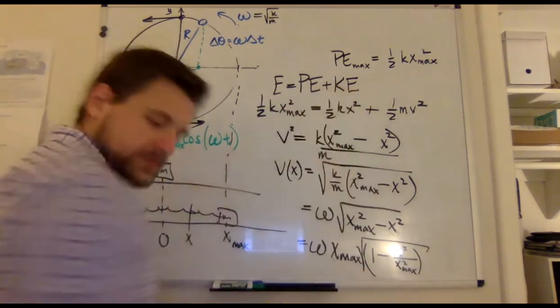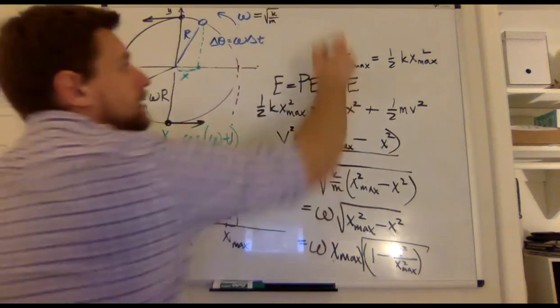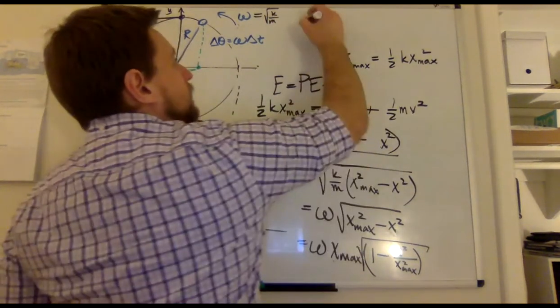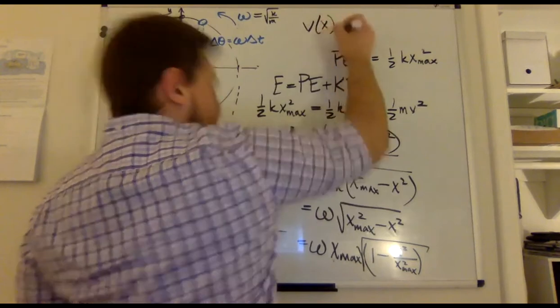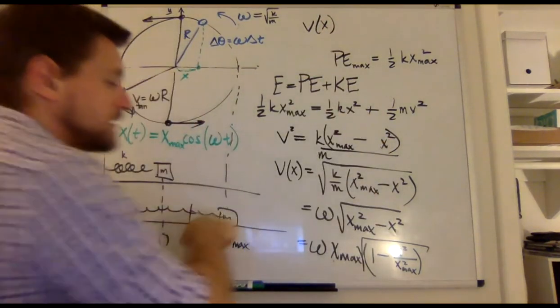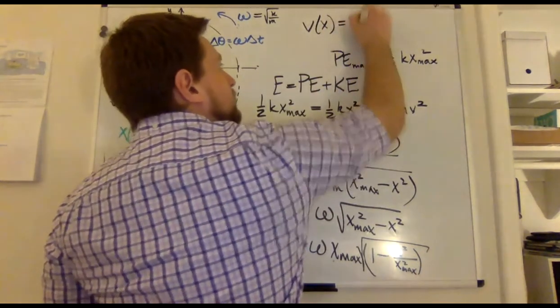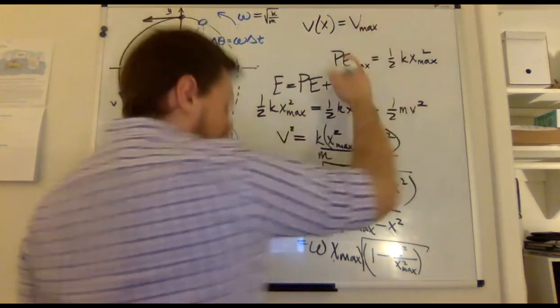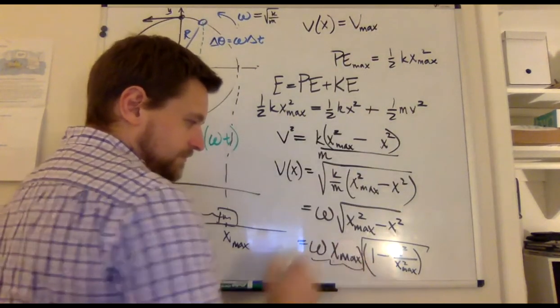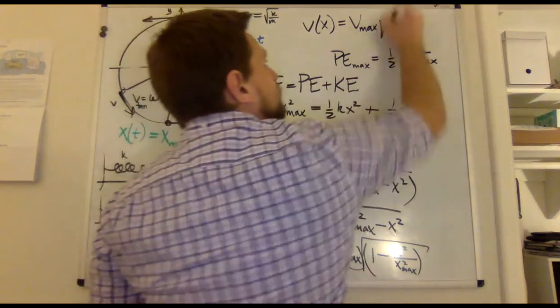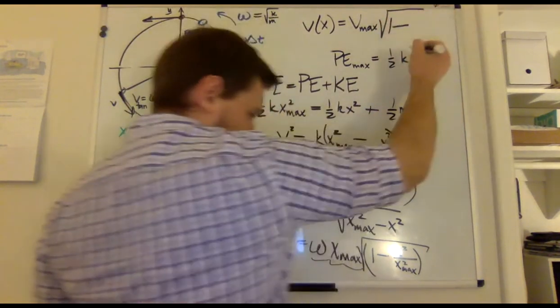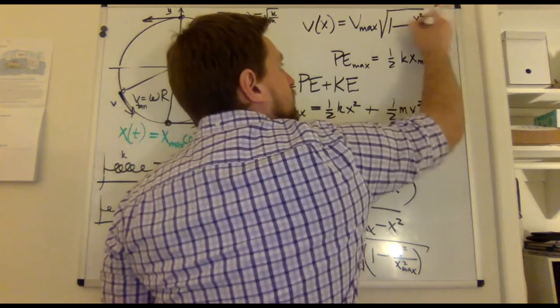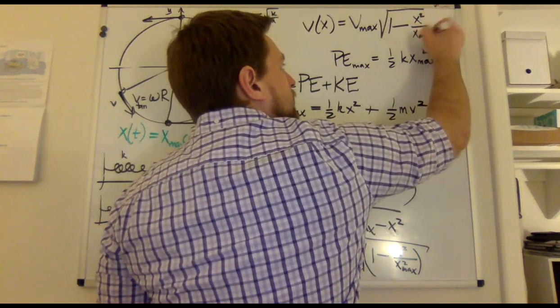Let me start again, way up here. The velocity as a function of x coordinate is v max, our maximum speed, times the square root of 1 minus x squared over x max squared.